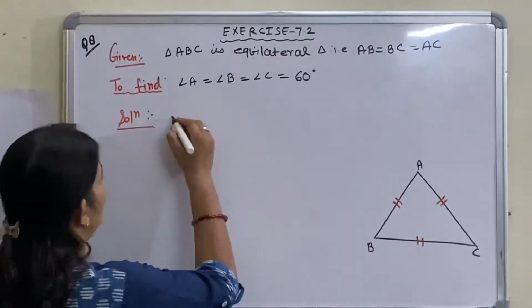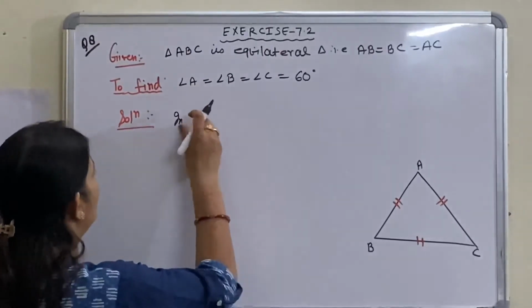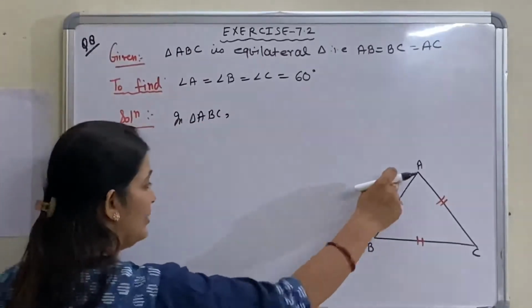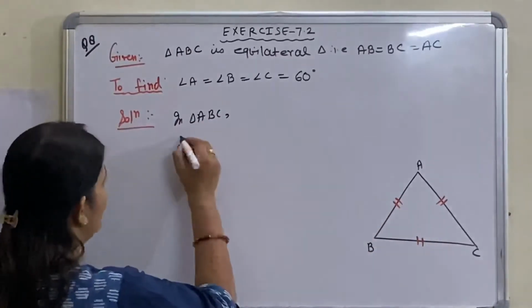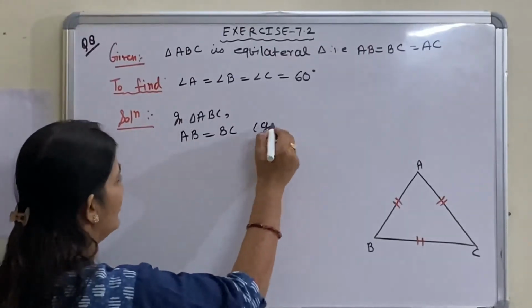Now here in triangle ABC, AB is equal to BC, given.